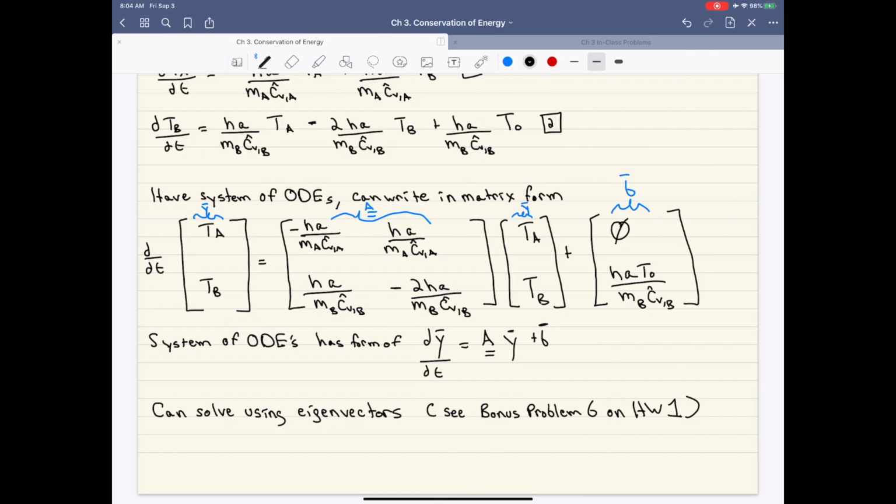Of course, calculating the eigenvectors of the system of ordinary differential equations can be a bit involved. And so in order to develop some physical intuition about how heat transfer would work in this sort of system, what we're going to do is explore specifically some limiting cases.